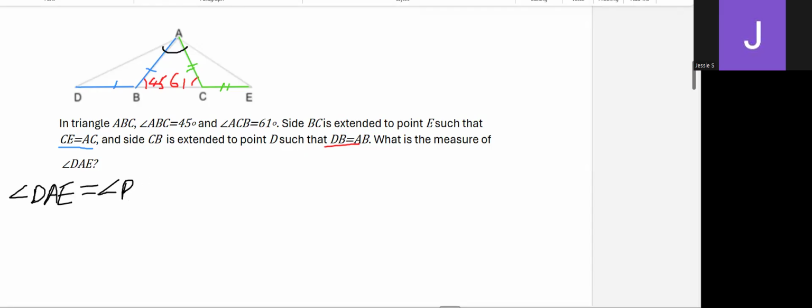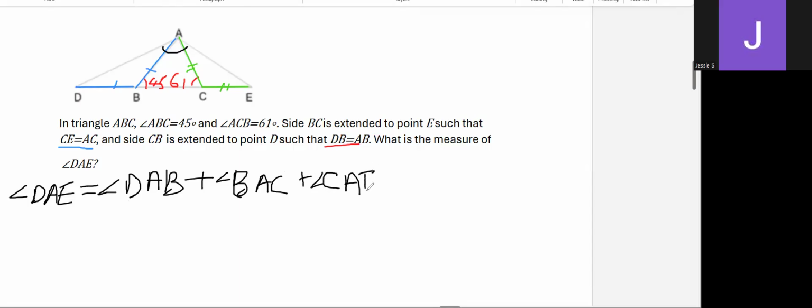The second angle is angle BAC. And the third angle is angle CAE. If we can find the measure of each of these three angles, we combine them, we should be able to find the measure of angle DAE.